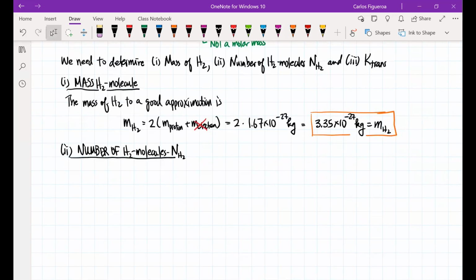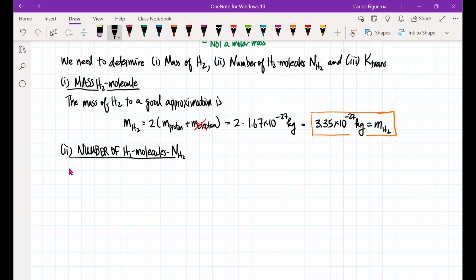We do it the standard way: we start from the mass of our sample, get the molar mass, and then get the number of moles. From the number of moles, we use Avogadro's relationship.